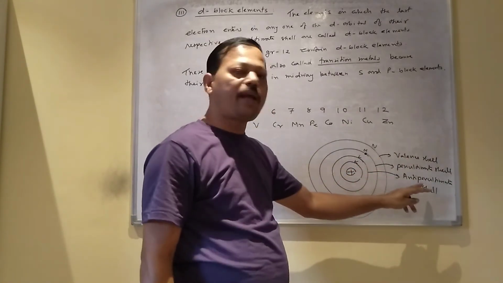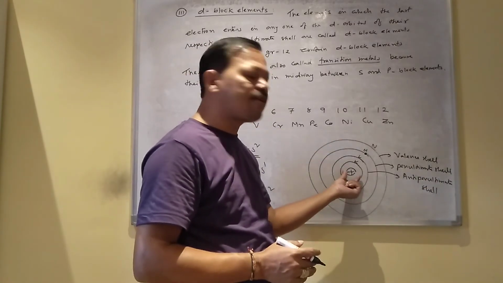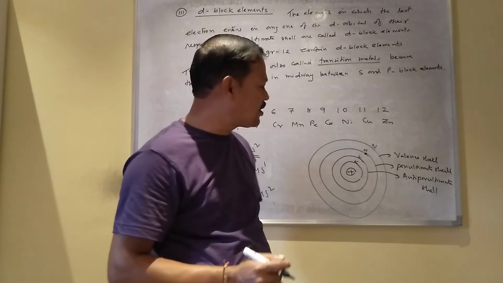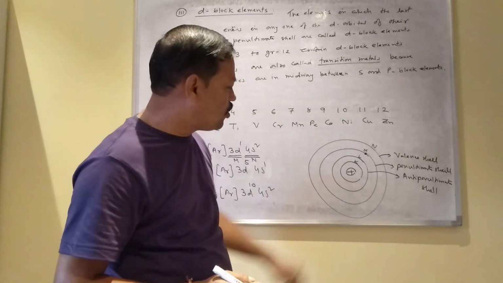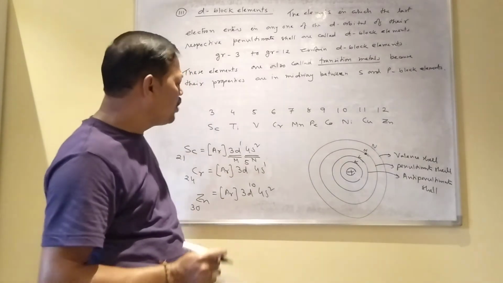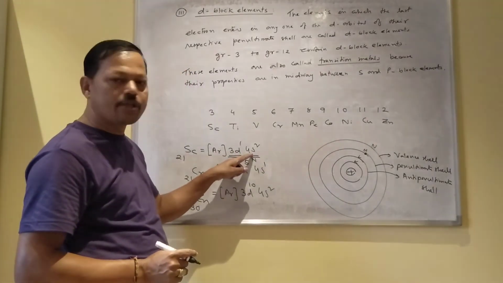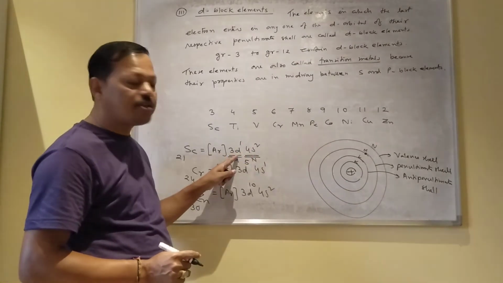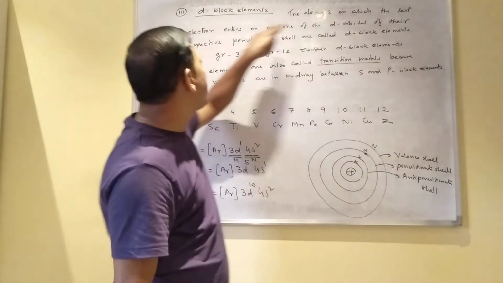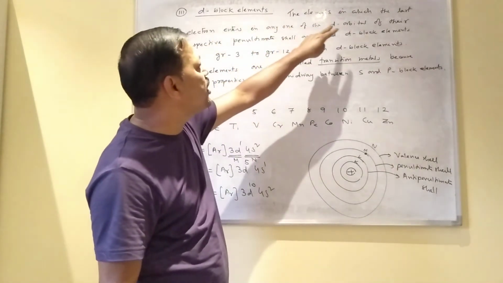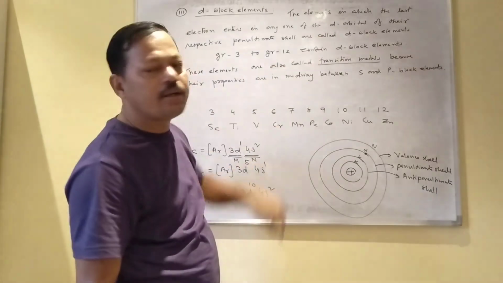The next one is called the anti-penultimate cell. And these are called inner cells, because they are present inside the atom. Here the last electron is not entered in the valence cell, the outermost cell. The last electron is entered in the penultimate cell. That's why the elements in which the last electron enters any one of the d orbitals of their respective penultimate cell are called d block elements.